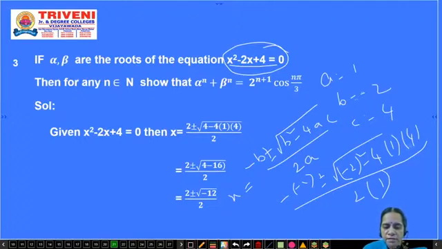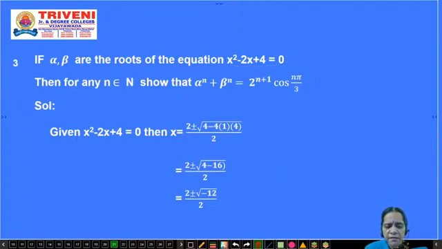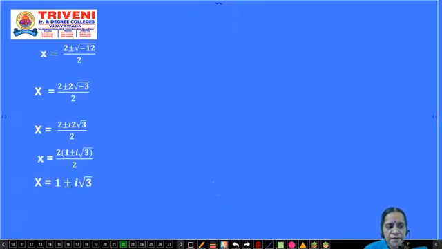That is 2 plus or minus square root of 4 minus 16 by 2. 4 minus 16 is nothing but minus 12. Here 12 can be written as 4 into 3. Square root of 12 means square root of 4 into 3; 4 comes outside as 2, so 2 into root 3, with the minus sign kept, by 2.